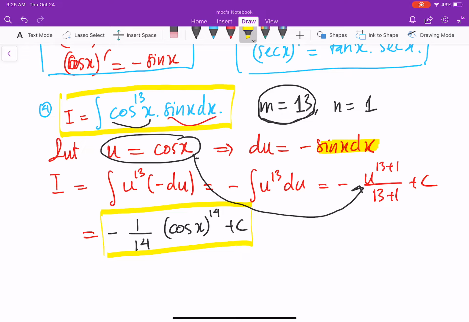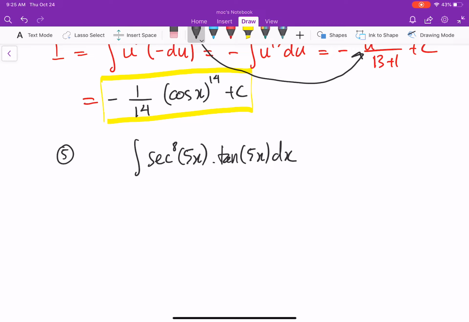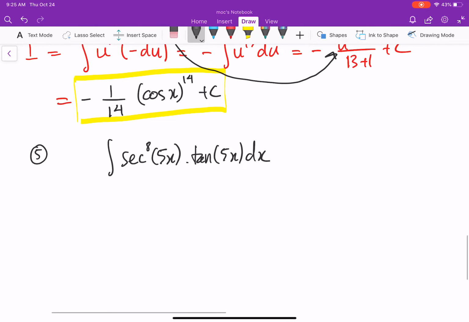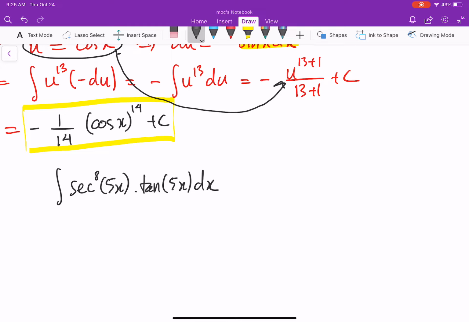Okay, let's move to another problem with tangent and secant. Example 5. Let's evaluate this integral: the integral of secant to the 8 of 5x times tangent of 5x dx. So what is your choice? Let's do a short analysis.